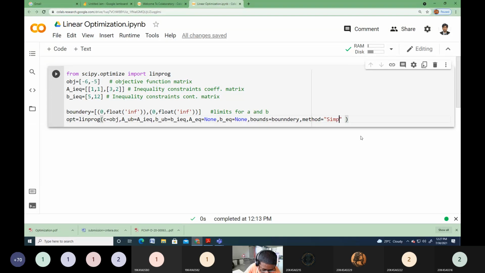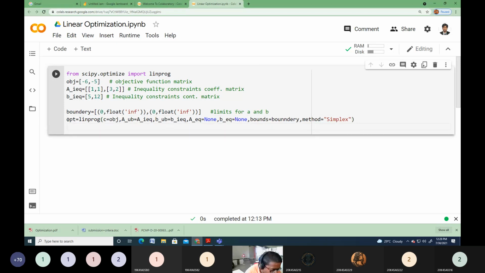I am passing the simplex method. That's it. That's how we use the linprog method or linprog function in order to solve the linear optimization problem. Okay. After that, now what happened once this line was implemented?